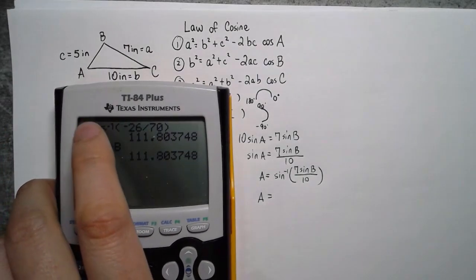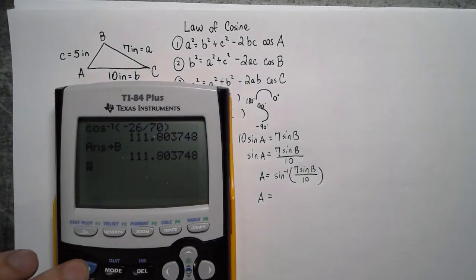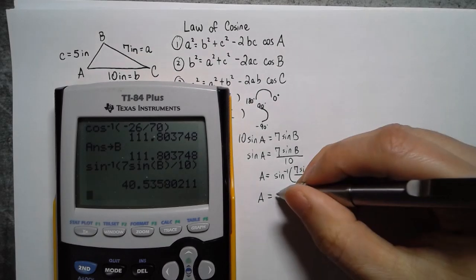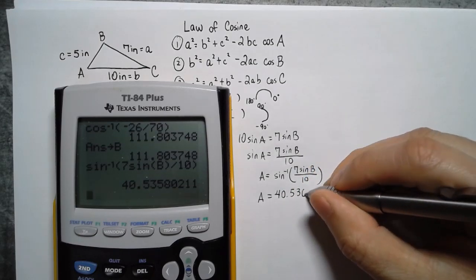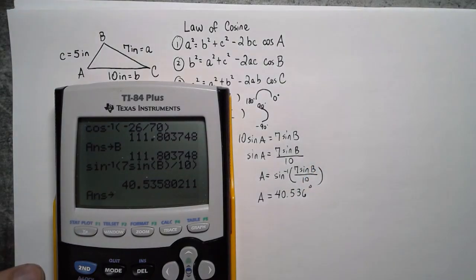So here's your calculator right here. I will do arc sine of 7 sine of angle B, close the parentheses, divided by 10. And that gives me 40.536 degrees, which I will store in angle A.